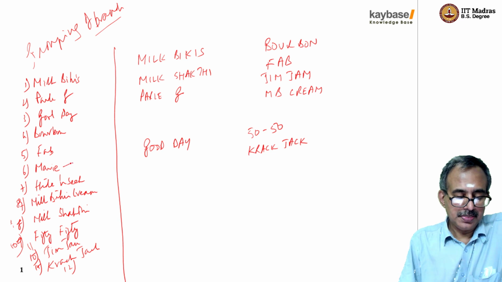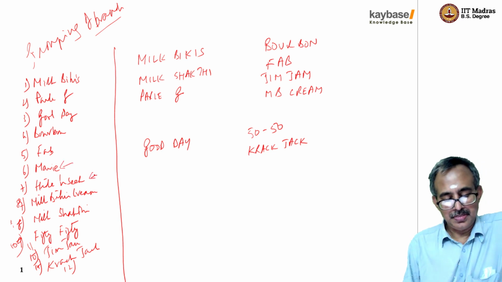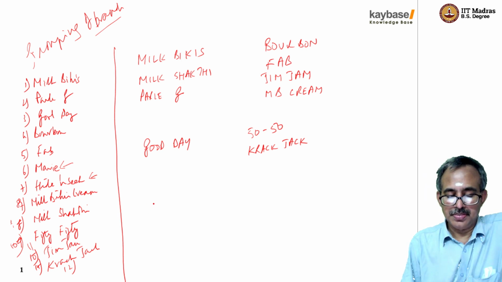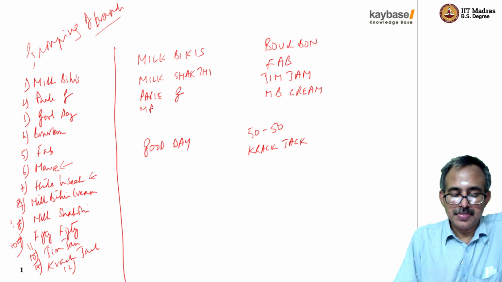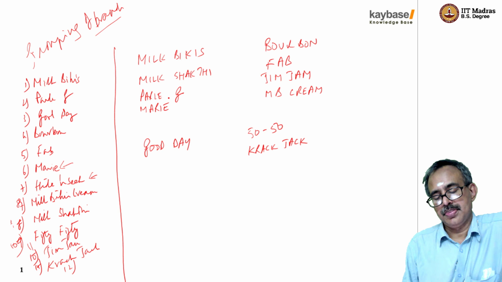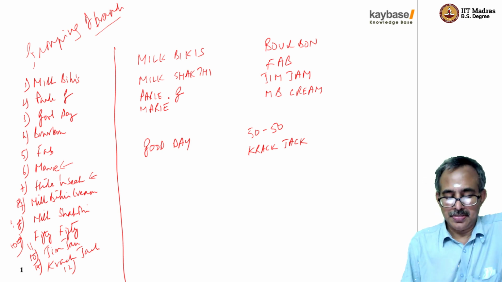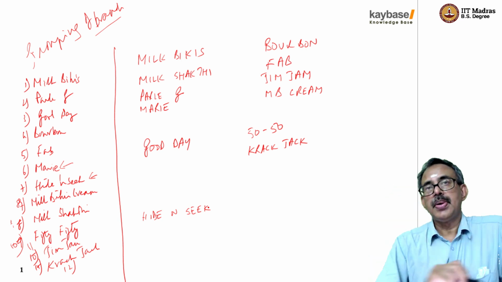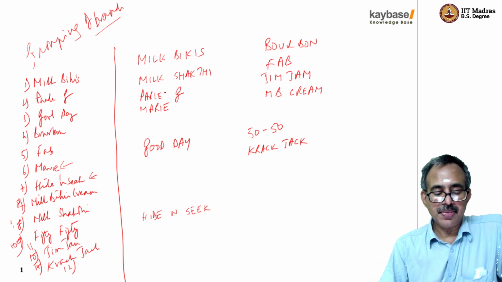These two are left. Okay. Marie is in the first group here? Okay. Hide and Seek is separate. Fine. 12 brands in groups.